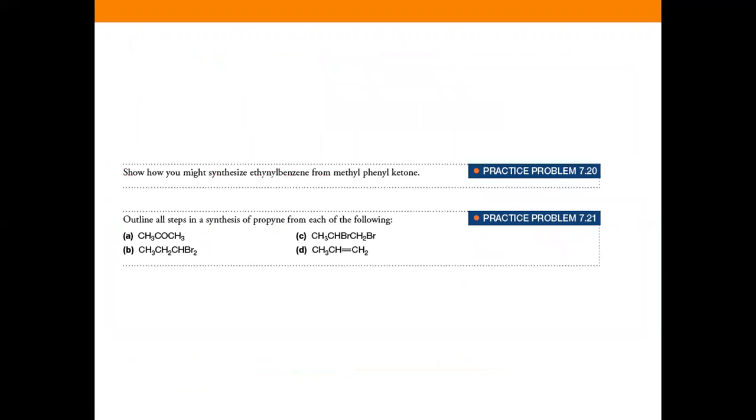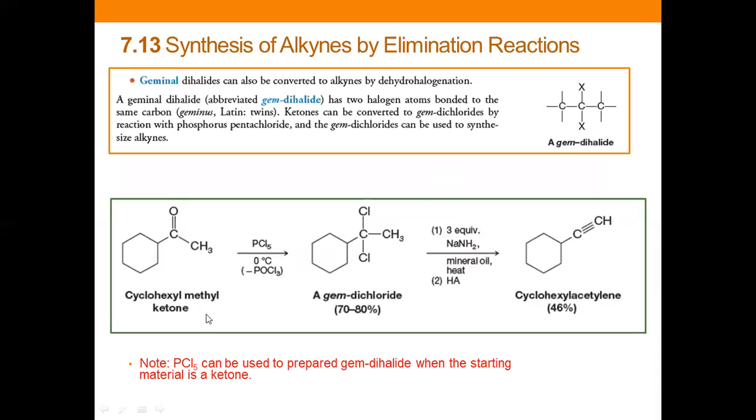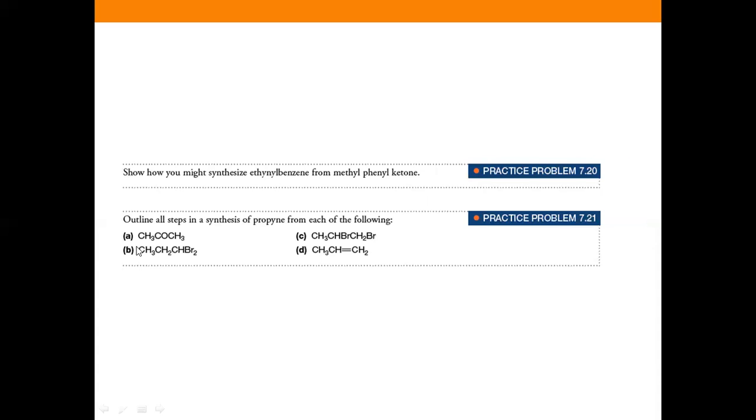So let's have a practice. Show how you might synthesize ethynylbenzene from methyl phenyl ketone. You will use the same reagent. So you have phenyl, C double bond O, and then the methyl, with the phenyl as a ring. So you have the methyl phenyl ketone, and then you will synthesize ethynylbenzene.